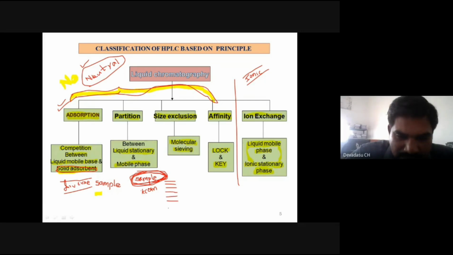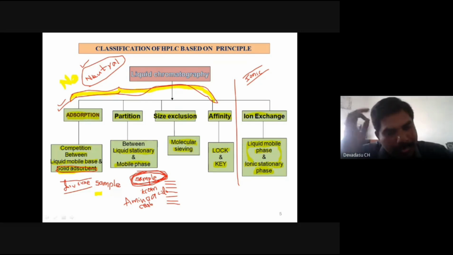For example, when you are separating a group of amino acids, so we are calling them amino acids. Presence of amino group, presence of carboxylic acidic functionality, all the amino acids possess this type of behavior. Zwitterionic behavior.